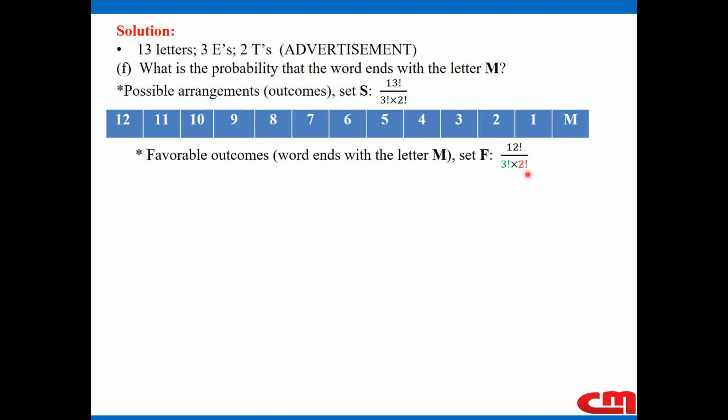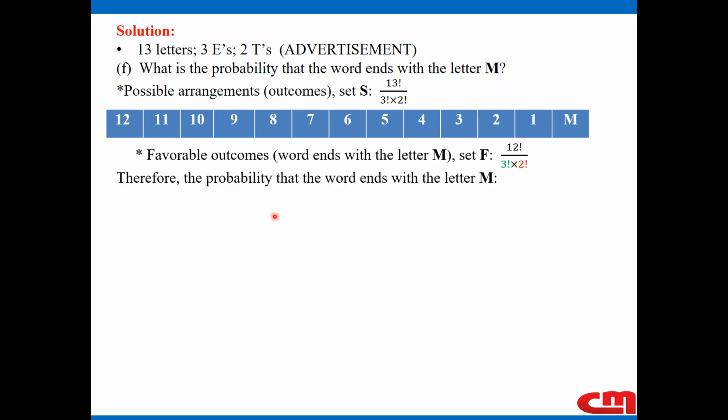If you don't understand how this is arrived at, it is the same approach or explanation that I gave in E, because it's only the position, but otherwise after positioning M here, you still have 12 slots to fill. And besides, after removing M in this word advertisement, you have the 3 E's and 2 T's, which is what is on the bottom.